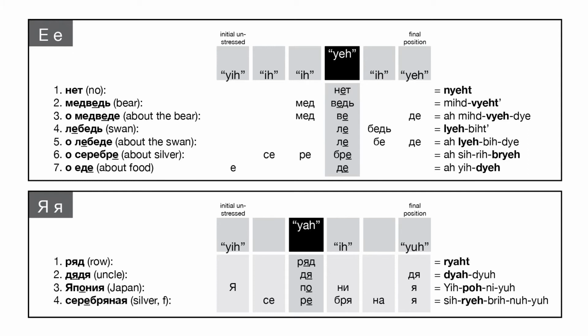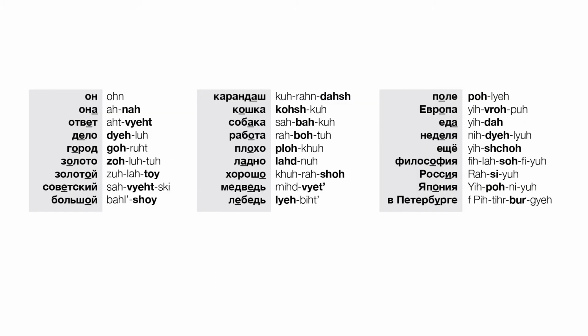Okay, so again, really work on A and O, yeah and ya not so important. Let's look at a few more examples, and here we have the transcriptions to help you a little bit to home in on what we're actually saying. Okay, so repeat after me.